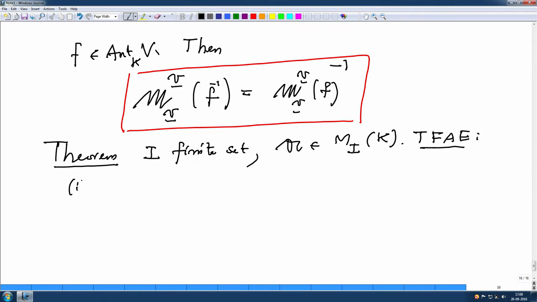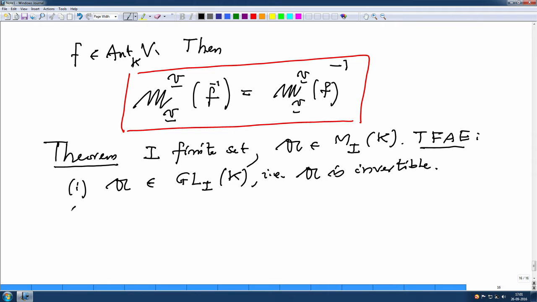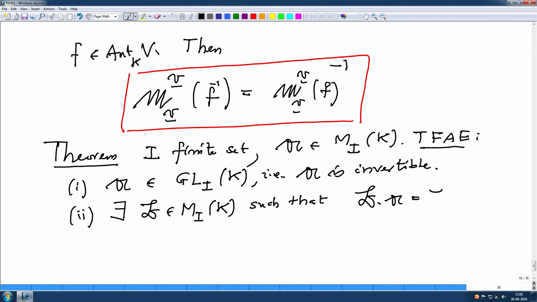One, A is invertible, A belongs to GL_I(k). Two, there exists a matrix B in M_I(k) such that B times A is the identity matrix.